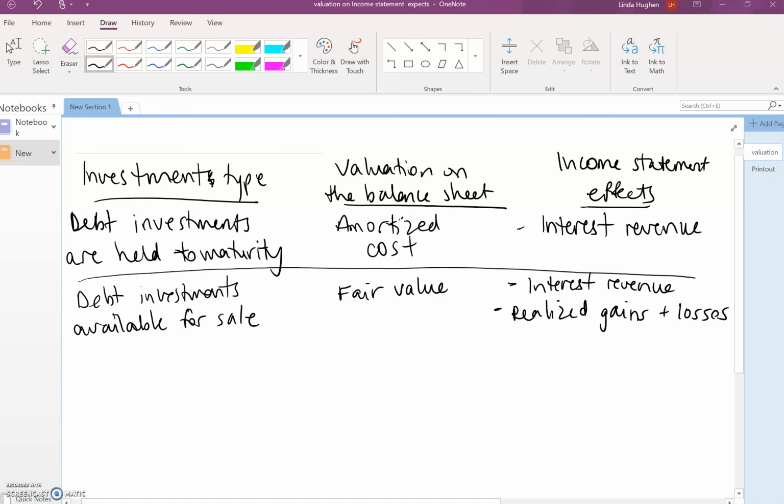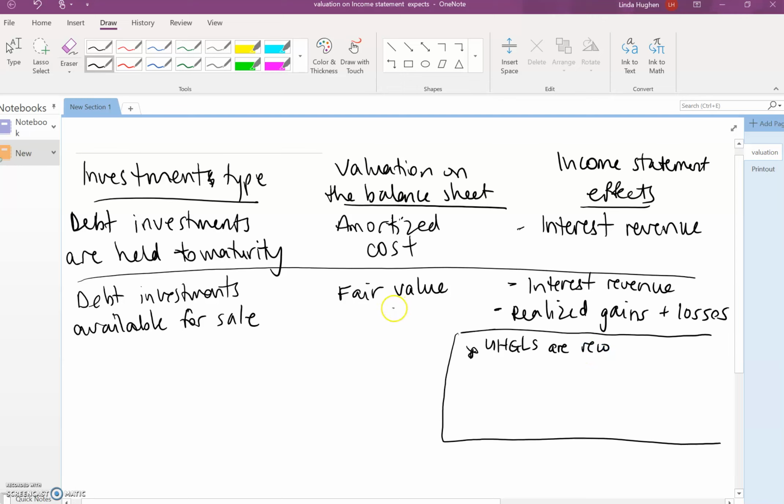And that's all we're going to see going through the income statement on debt investments that are available for sale. So while this is not an income statement effect, I'm going to make a note because it's really important. For these debt investments available for sale, unrealized holding gains and losses are recognized because these items are recorded on the balance sheet at fair value. They're recognized but not in the income statement.